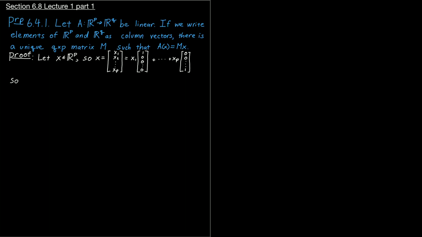And then remember, we've got a name for these vectors that have 1s and zeros. So X we can write as the sum from K equals 1 up to P of XK times EK, where EK is these unit vectors. So A of X, that's A of our sum, then because A is linear, we can move the sum out, and we can move the real numbers, the XKs, out.